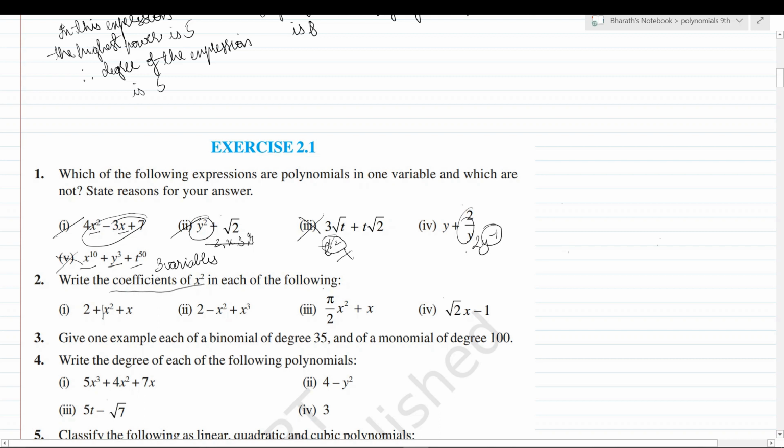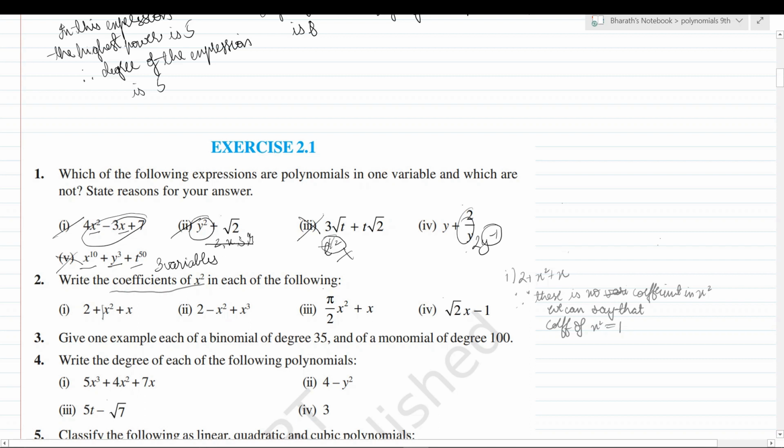So the coefficient, let me show you how to write it the board way. 2 plus x square plus, always write the quotient in maths, and since there is no coefficient in x square, we can say that the coefficient of x square is equal to 1 in this first question.